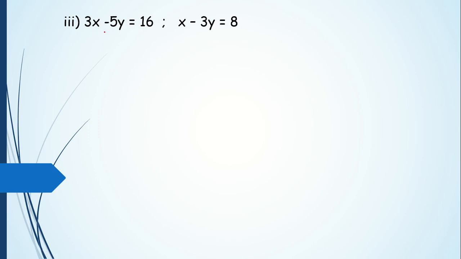Next, 3x minus 5y is equal to 16 and x minus 3y is equal to 8. Let's write the equations first as it is and then see what can be eliminated. Now here getting x eliminated is easy. I have to multiply equation number 2 by 3.